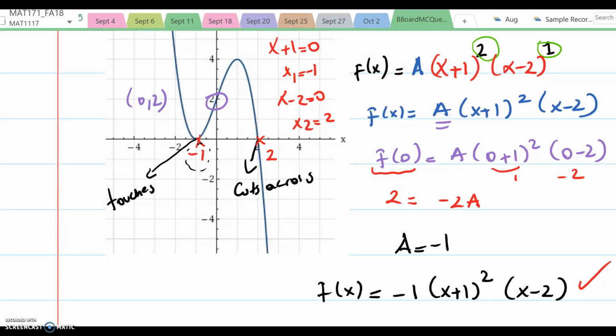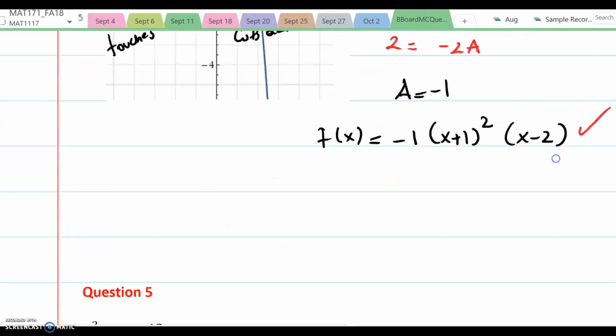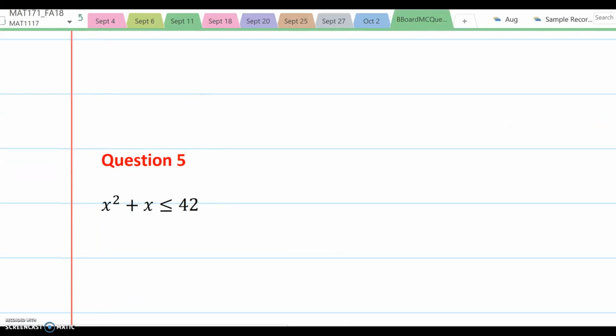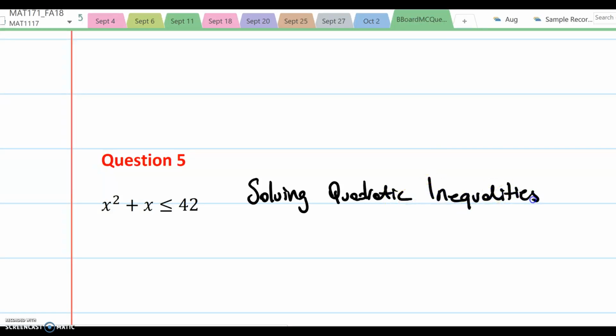All right, so the other question, question 5. This is about solving quadratic inequalities. I'm writing it here because there are PowerPoint content folders, so you might want to go back and look at a couple more examples if you want to.